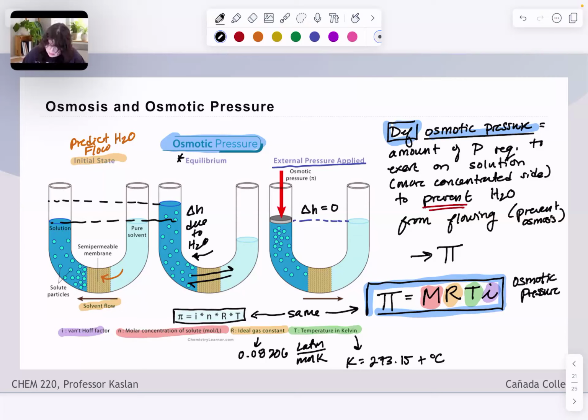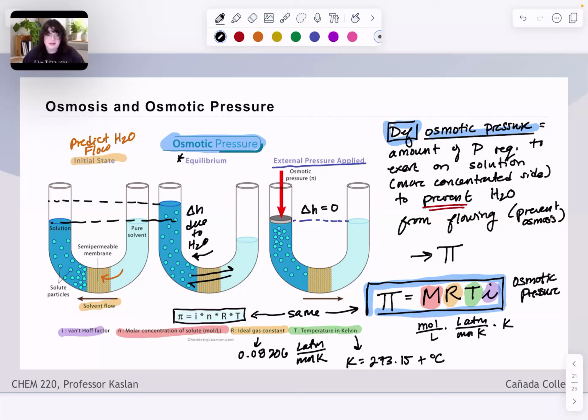So pi equals MRTI, let's just check our units. So M, moles per liter, times R, so that is liter atmospheres per mole Kelvin, times temperature in Kelvin, and I is dimensionless.